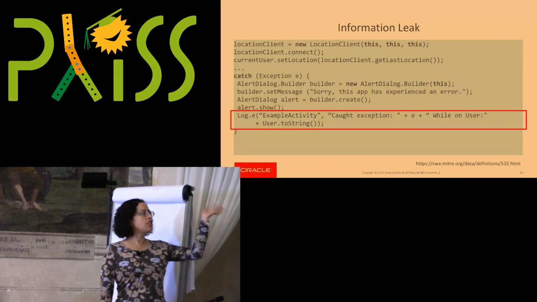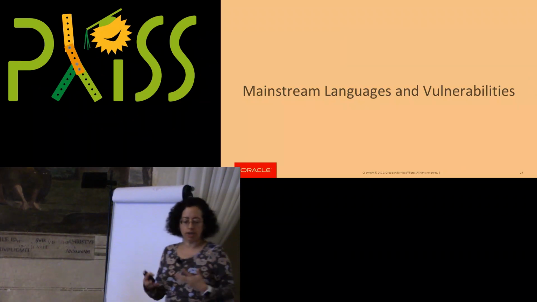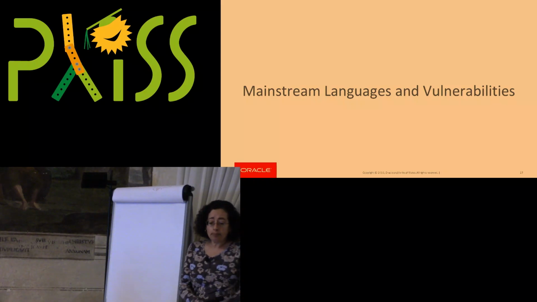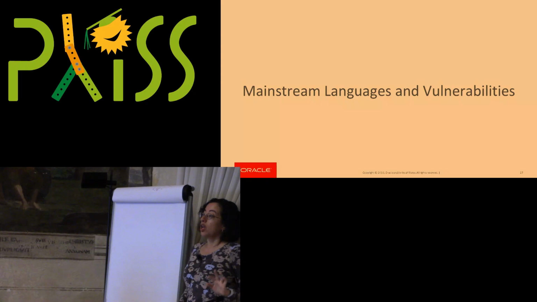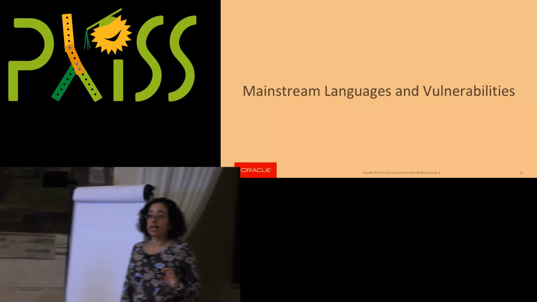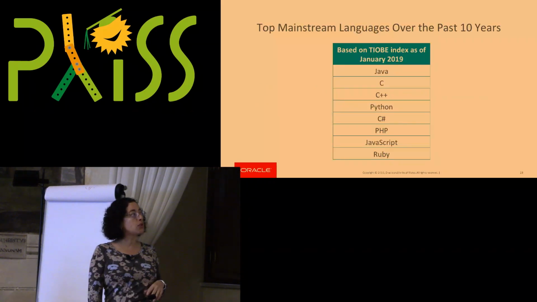Okay? So these are just for illustrative purposes, just so that you have an idea of the type of vulnerabilities that we're talking about. Now, when we talk about mainstream languages, we're taking data as the way of determining what are the mainstream languages. You can have various different ways of determining what is a mainstream language.